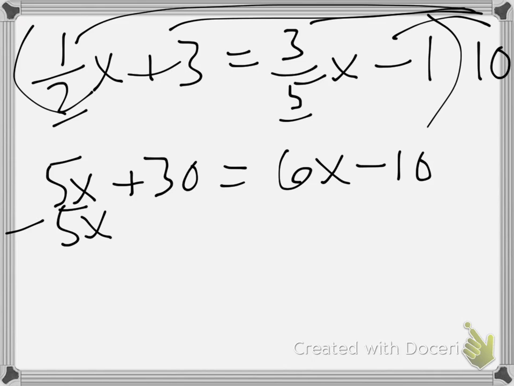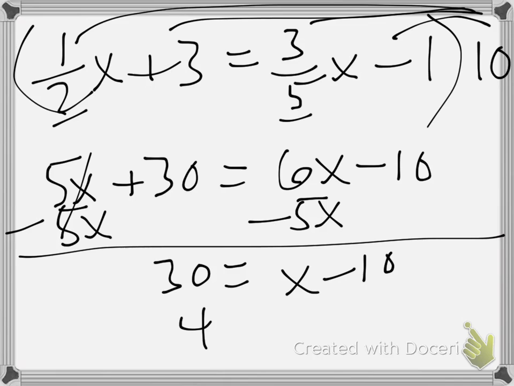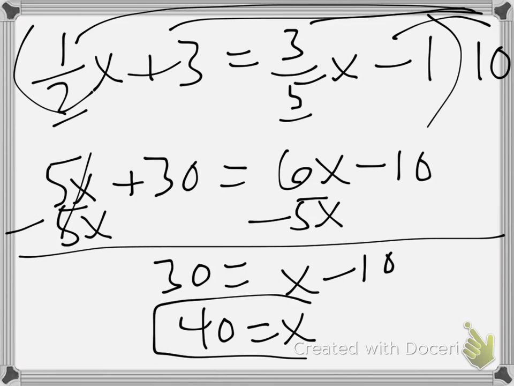This is obviously a problem more to our liking, so we subtract 5x from both sides. So 30 equals x minus 10. Add 10 to both sides, so x equals 40. Now you can keep the fractions if you want, but knowing most of you, you don't want fractions anywhere near you. So get rid of the fractions right away, multiply the entire equation by the common denominator, and you should be fine.